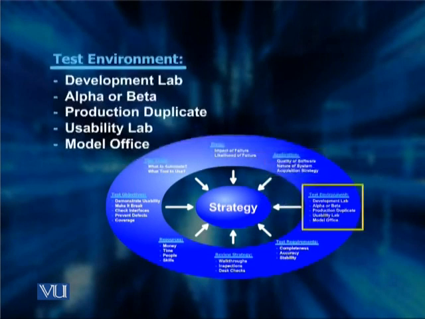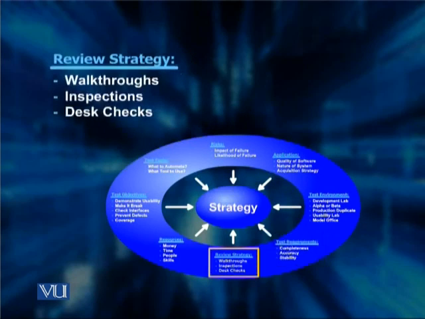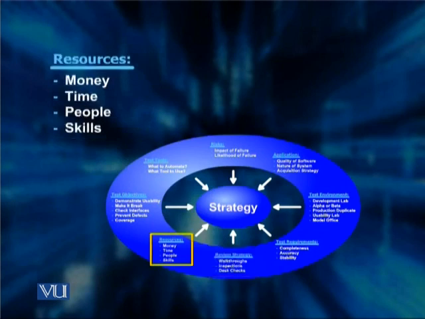Under test environment you have development lab, is it alpha or beta, production duplicate or usability lab, or is it a model office. For test requirements you have completeness, accuracy, stability. Under review strategy you have walkthroughs or inspections or desk checks. Under resources you have money, time, people or skills.